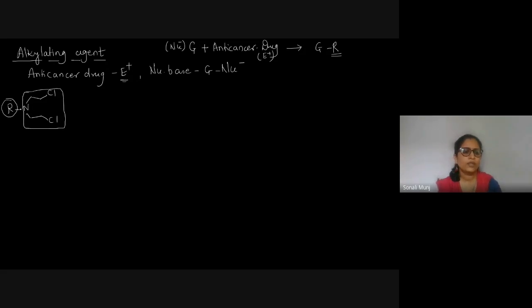Now if you just focus on this particular structure which I have written in the square box, you have a chlorine present there, right? You have NCH2CH2Cl. So what happens from this? Ultimately, you have to generate your electrophile.